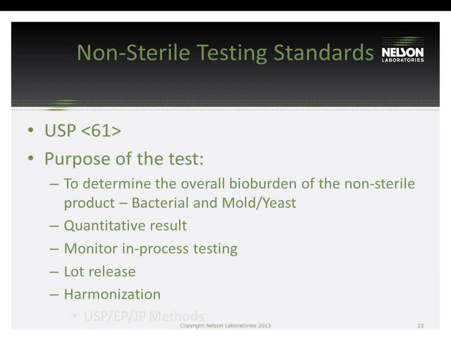The purpose of this test is to get the overall bioburden, or the number of CFU that can be recovered during the test, looking specifically at bacteria and mold and yeast. This is a quantitative test, so we're going to get an actual number, for example, 10 CFU per mL. The testing can be used to monitor in-process testing with raw materials or lot release testing. And this is a harmonized test, so the same methods are used for the USP, EP, and JP.